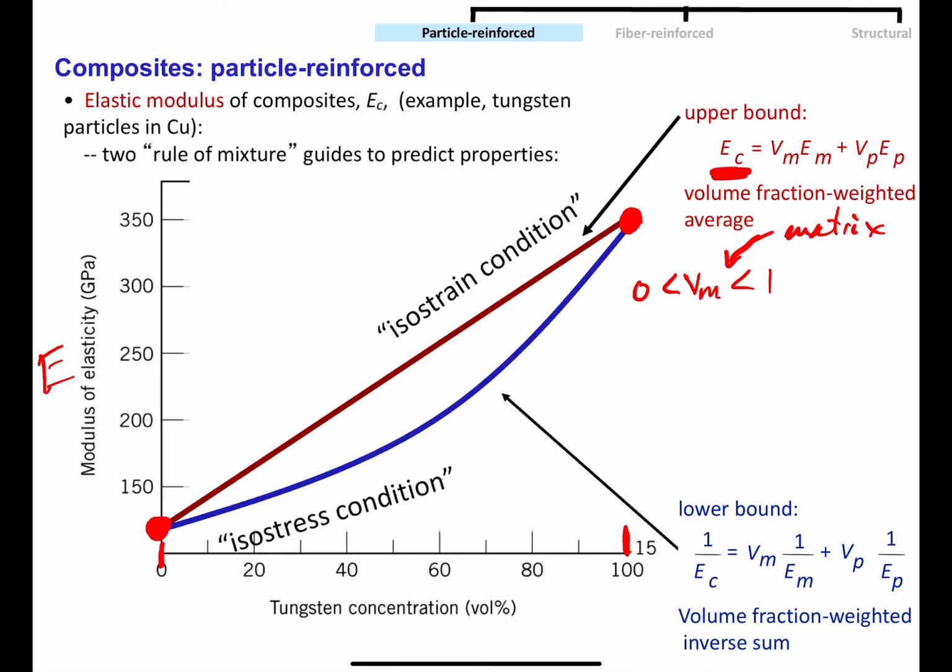And therefore Vp would have the same bounds, so it should be between 1 and 0. And so here we'll use P for particle. And the total volume is going to equal Vm plus Vp, and this is going to equal 1.